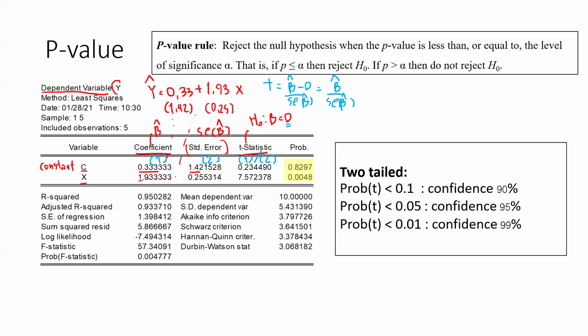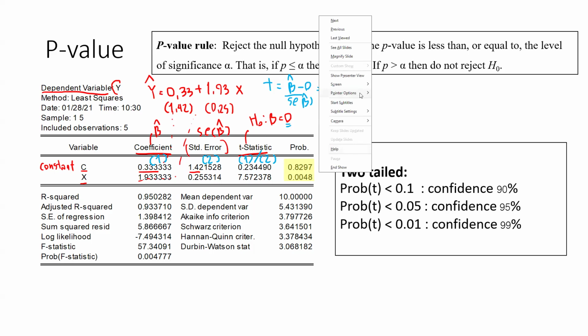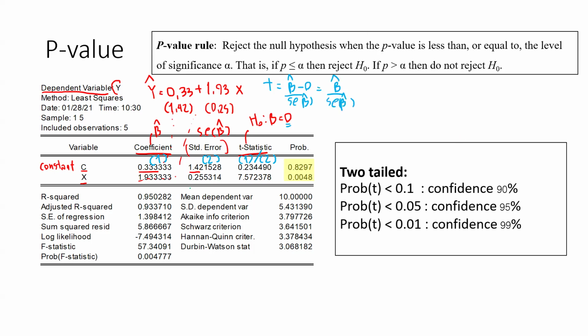Okay, and it will be in the exam. In the exam, I may hide some value here. For example, I may hide this value. I may hide this value. Then you have to know how to calculate it back. Okay, t stat is maybe number 3.